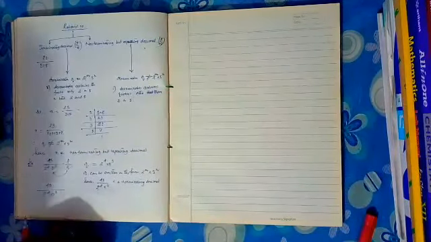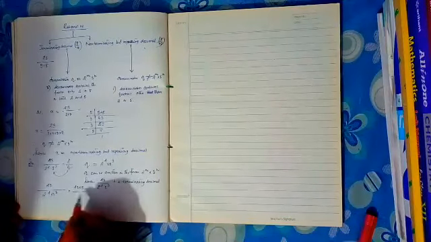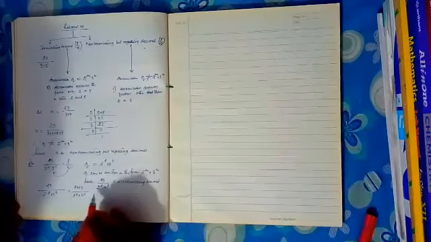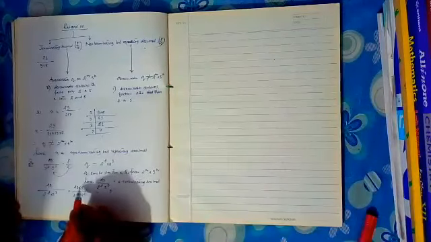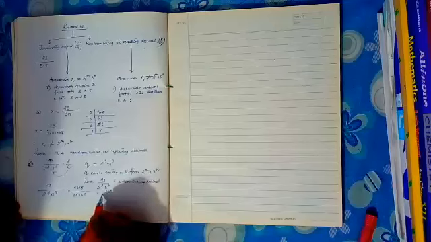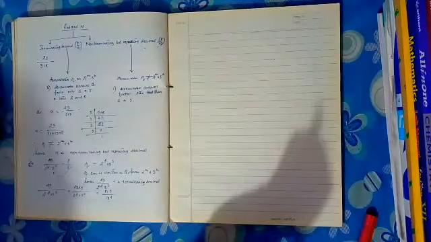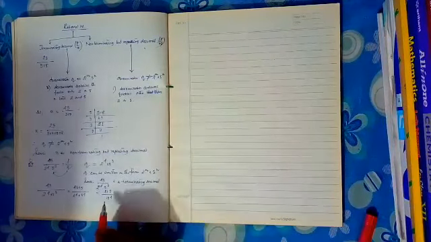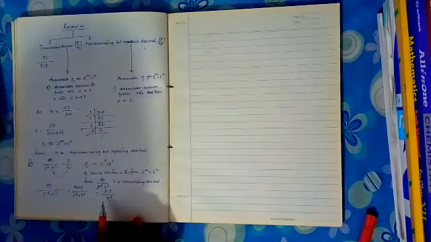So we can write this one as 43 into 5 by 2 to the power 4 into 5 to the power 4. That is equal to 215 by 10 to the power 4. So in lower classes you all have learned that 10 to the power 4 means it will terminate after 4 places of decimal.